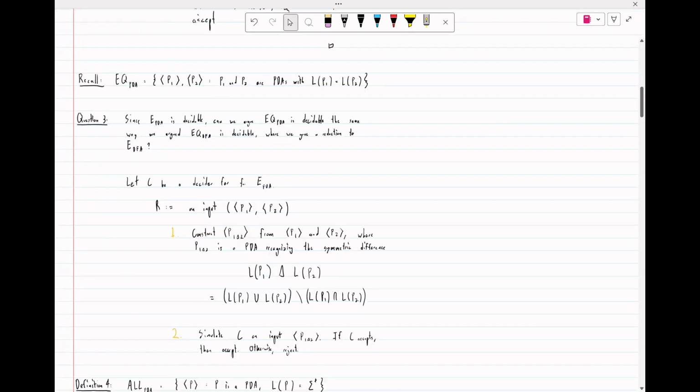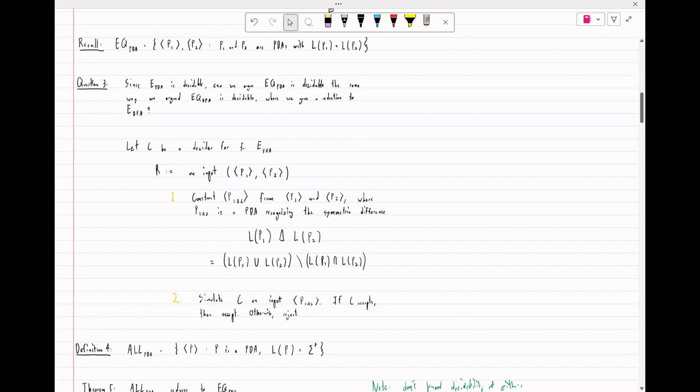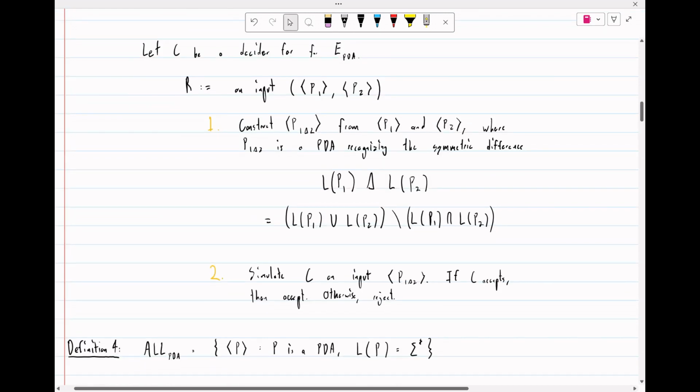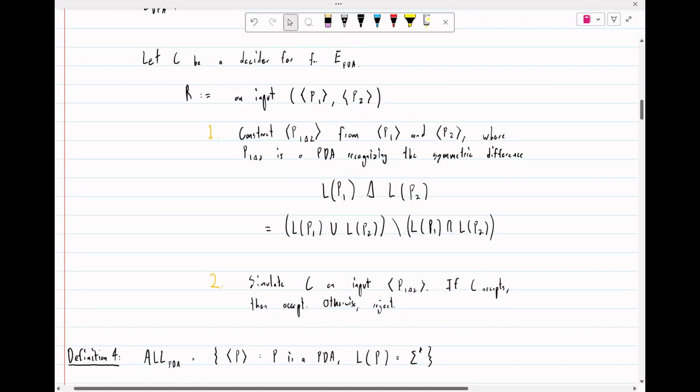I'm going to define a language, ALL PDA, as a description. You give me a description of a PDA, and I want to accept this description if my PDA generates every string. So the language is everything now. In some sense it's like a moral opposite to the emptiness testing problem. I want to know if everything is in that language, okay?